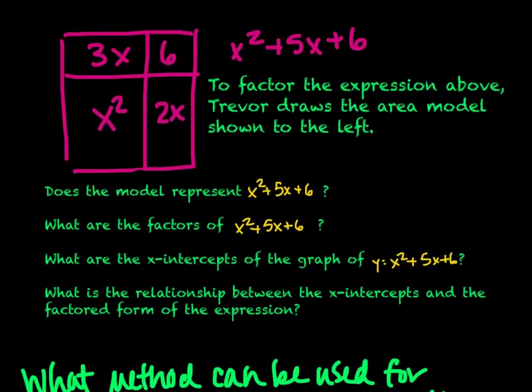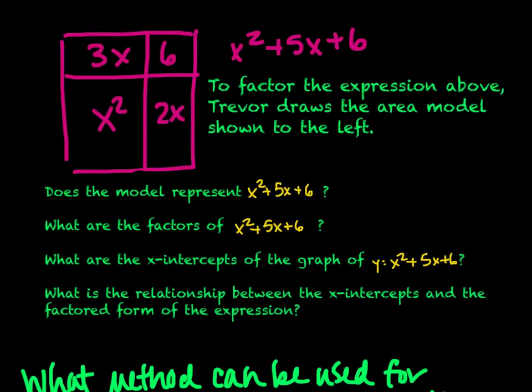We have this situation. Here's our rectangle model. It's x squared plus 2x plus 3x plus 6, or we have the complete expanded form of the equation, x squared plus 5x plus 6. To factor the expression above, Trevor draws the area model shown to the left. Does this model represent x squared plus 5x plus 6?